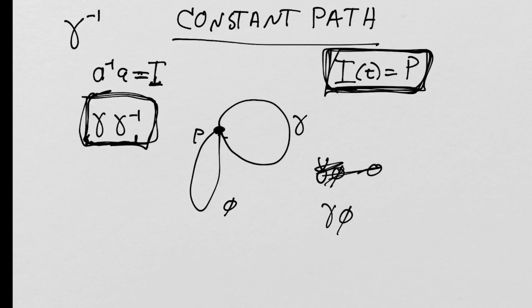We know that gamma phi is also a path, so we can take any two paths that have fixed endpoints at one point, right? Any loop. When I say loop, I mean a path where the endpoints are the same. It starts and ends at the same point, and that point doesn't move either.